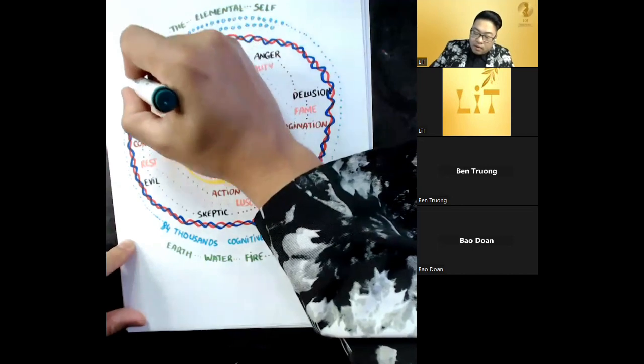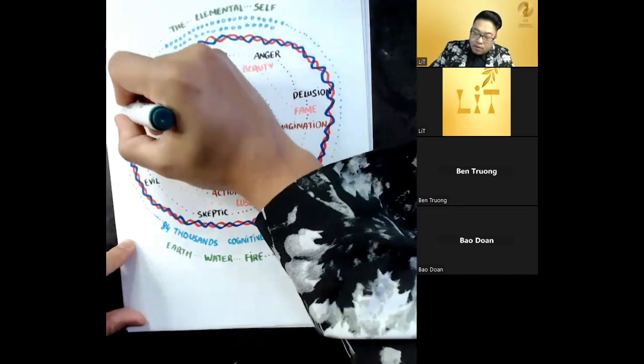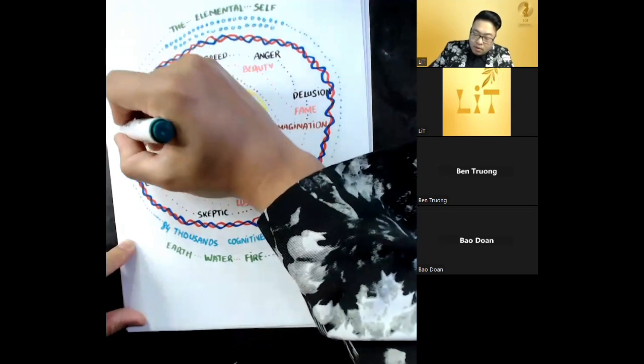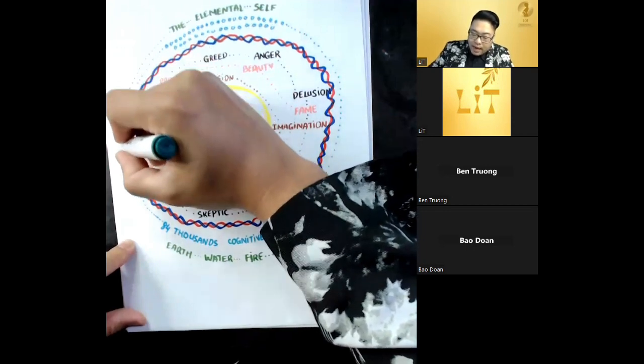And this is the representation of the outer layer.